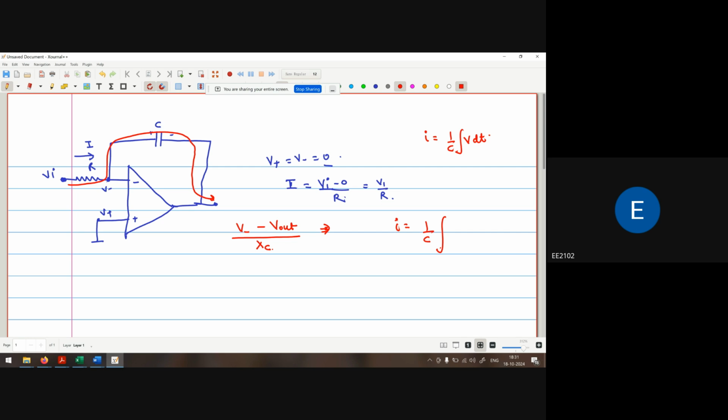What is the V dt? V dt is nothing but minus V out.